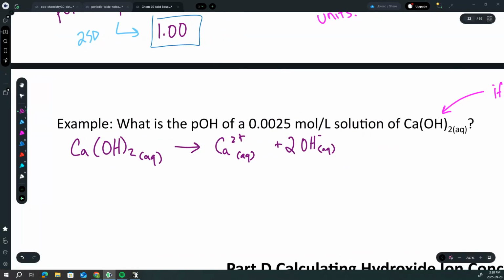Alright, so now that we have our balanced chemical equation, notice how we're given the concentration for calcium hydroxide. We are not given the concentration of hydroxide ions. So what we need to do is use our mole ratio to convert the concentration of calcium hydroxide to the concentration of hydroxide.